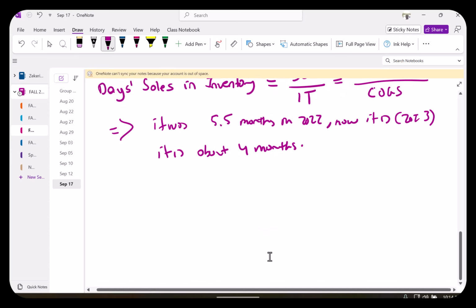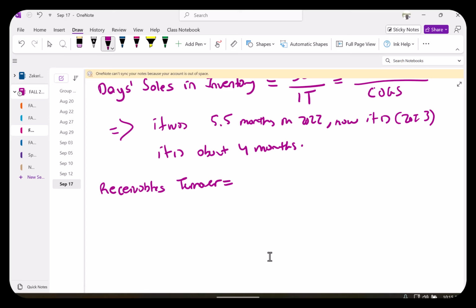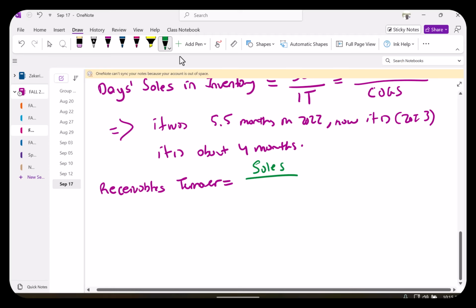One of the things we're going to look at is receivables turnover. Since receivables happen after the sales are made, we're going to divide sales by receivables.